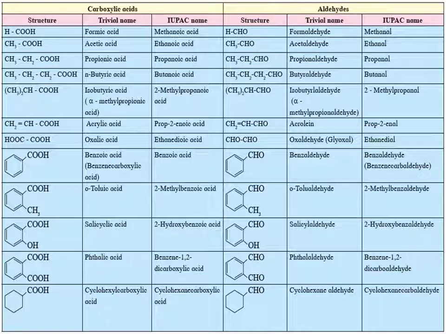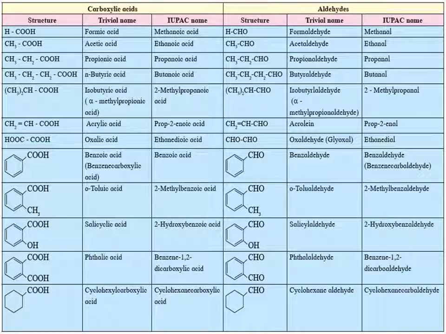This chart shows the structures, trivial names and IUPAC names of carboxylic acids and also aldehydes. We already studied a few more examples of this type. Let's see this one because we didn't study such a type of structure. Suppose a carbon-carbon double bond or triple bond is present in a compound in which the functional group aldehyde or carboxylic acid is present, at that time a similar format has to be used.